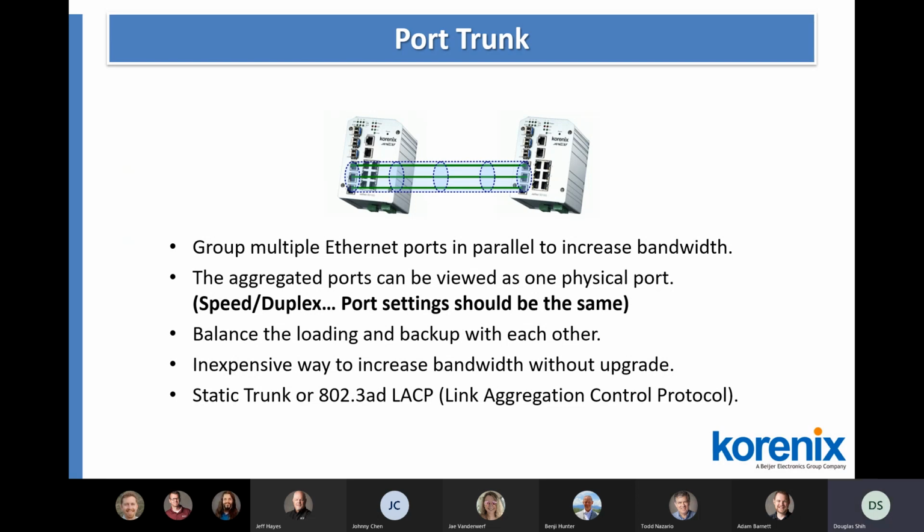The aggregated port can be viewed as one physical port. For example, if you bind port 1 and port 2 in a single port trunk, in the switches, they will be defined as one port. So the bandwidth will be increased.